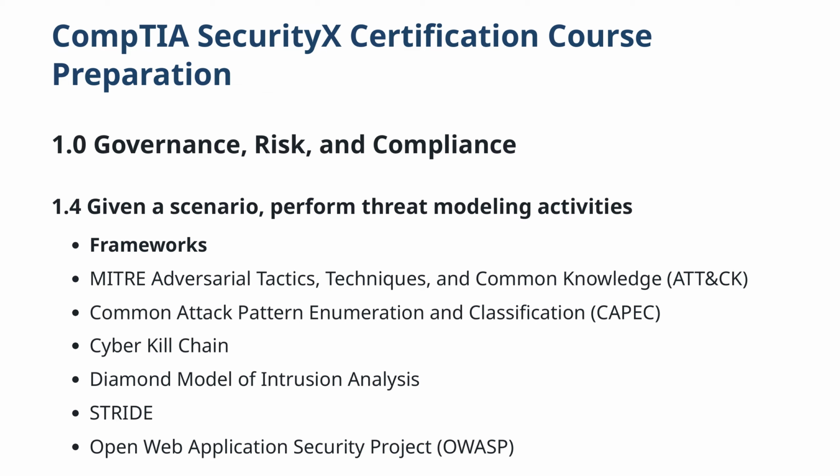The Cyber Kill Chain model outlines the stages of a cyber attack, from reconnaissance to actions on objectives, helping to identify and disrupt each phase. The Diamond model of intrusion analysis offers a structured approach to analyze cyber threats and intrusions. STRIDE is a mnemonic for the 6 threat categories: spoofing, tampering, repudiation, information disclosure, denial of service, and elevation of privilege.